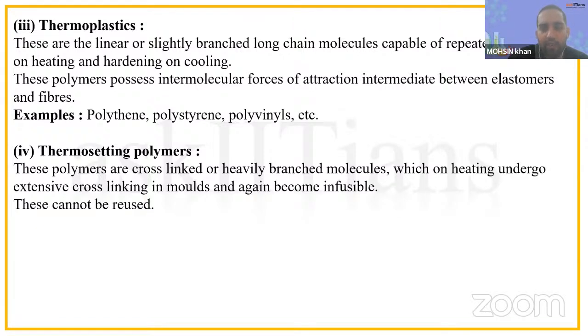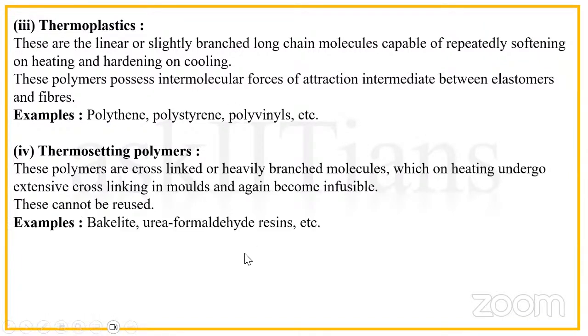When we cool them, they get a fixed shape, and on heating again there will be no effect. So thermosetting plastics can be molded only once. We cannot reuse them, as they cannot change their shape on repeated heating and cooling. Examples are bakelite and urea-formaldehyde resin.